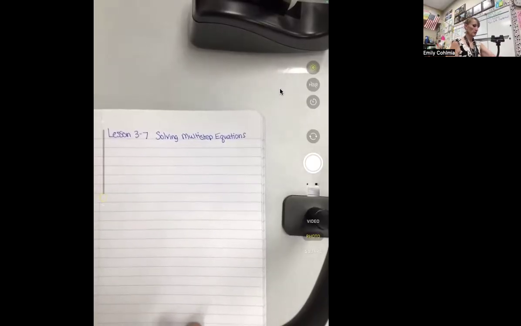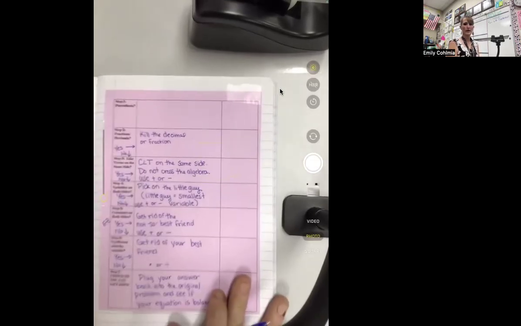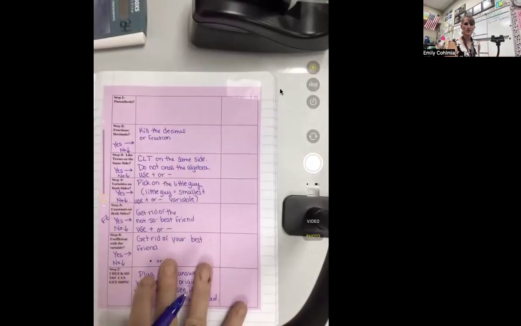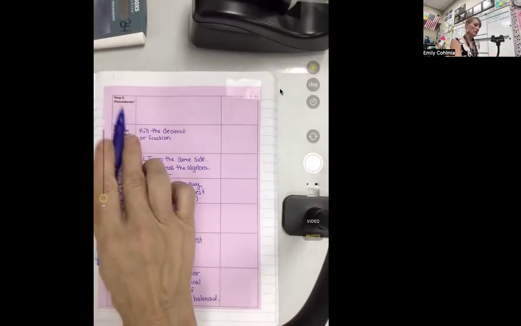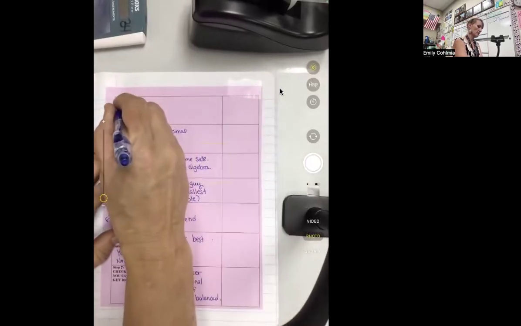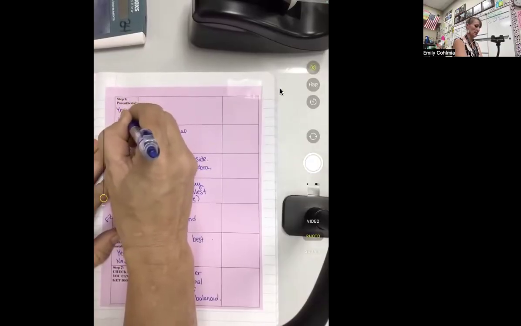Okay, solving multi-step equations. So if you remember, in 3-6 we made this chart. And the only one that we didn't put in here was parentheses. So we're going to put in parentheses now. If yes, you're going to do this. If no, you're going to go to the next step.